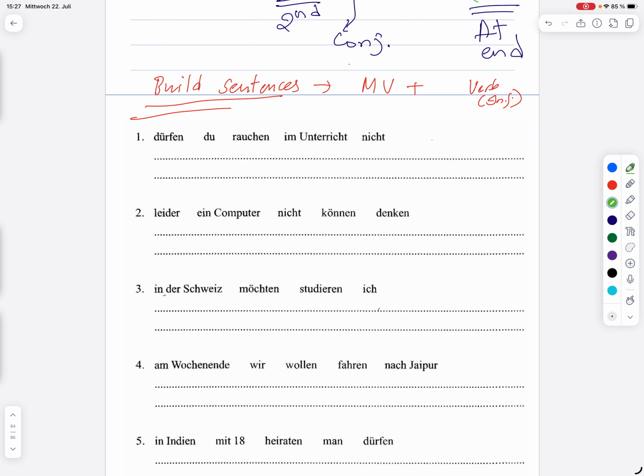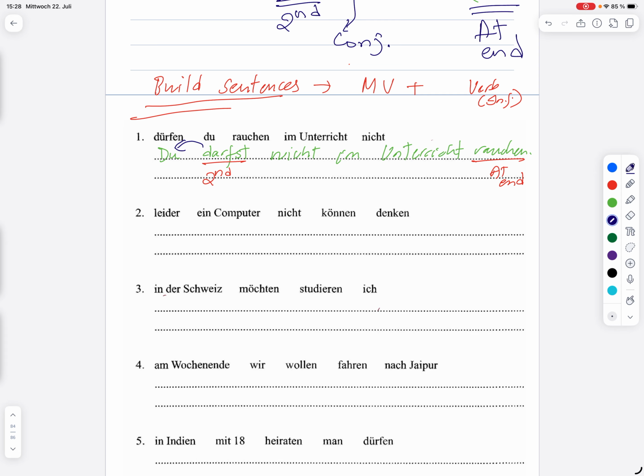So now we have du. So: Du darfst nicht im Unterricht rauchen, right? So Du darfst nicht im Unterricht rauchen. So now we have the modal verb at the second position, main verb at the end, and then the modal verb is conjugated depending upon the subject.